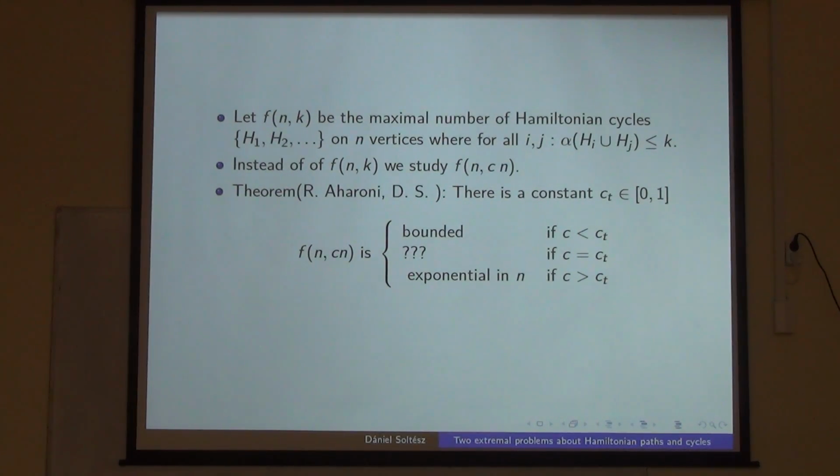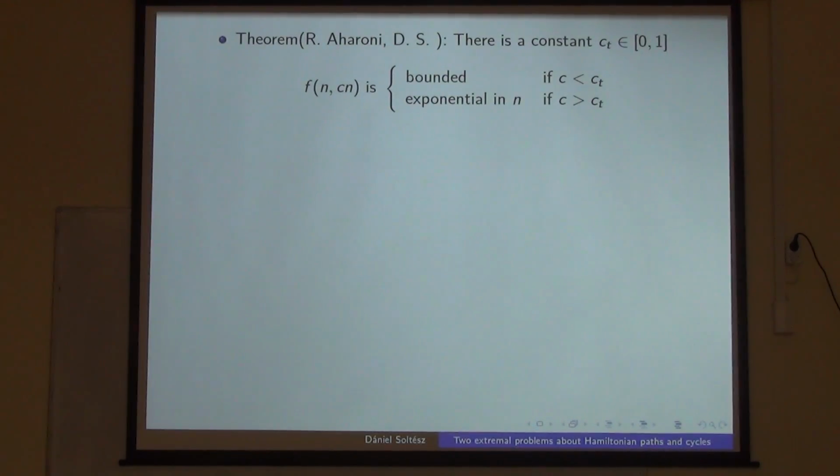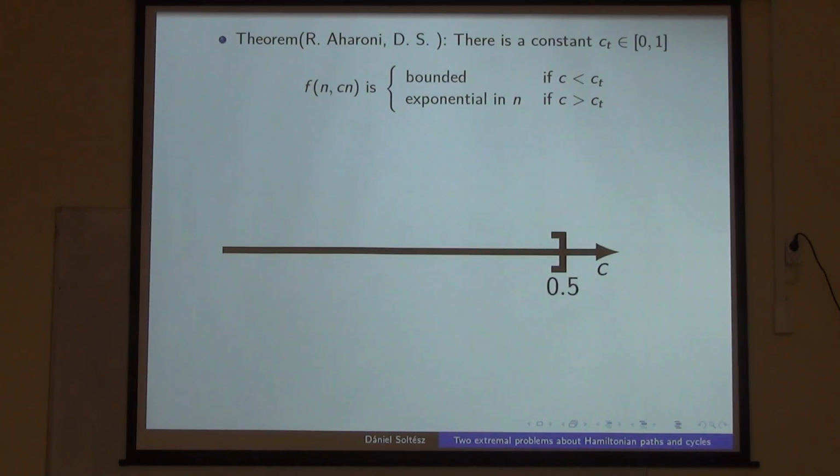I will not prove it, but please believe me that the proof is very easy. Keep the theorem that serves as a motivation. We couldn't manage to find the threshold, but we have nontrivial lower and upper bounds. Let me tell you the trivial lower and upper bounds that were already spoiled.